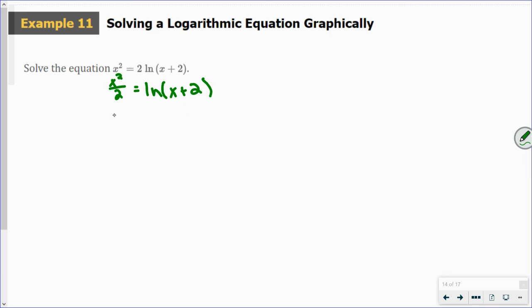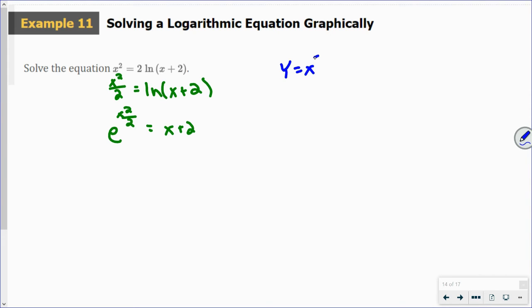If I rewrite this as exponential, that would be e to the x squared over 2 equals x plus 2. So I either have an x in the logarithm or an x in the exponential, and that just creates a huge headache because I can't get x all by itself or x's together. So this is a great equation for solving graphically.